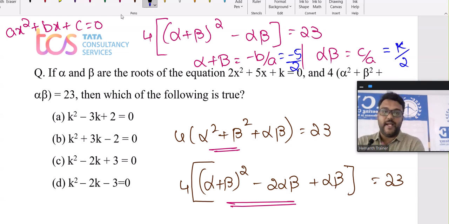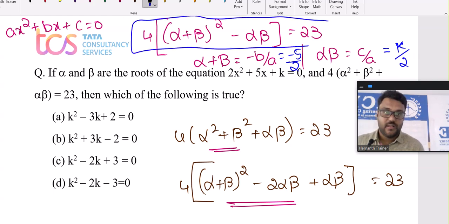Now we need to find which of the following options they have given are true. Okay, now put that here. You have this equation, right? We developed an equation now. Substitute alpha plus beta.